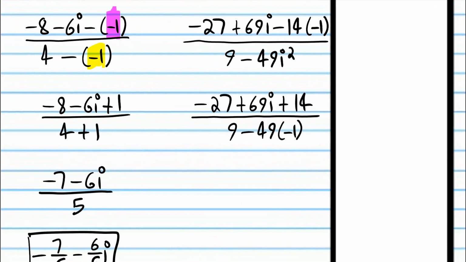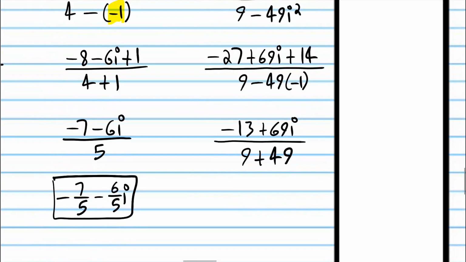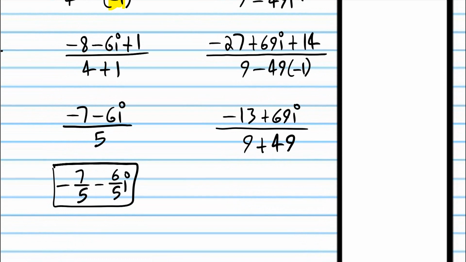And then we get negative 27 plus 14 is negative 13. And then we have 9 plus 49 in the denominator, which is 58.